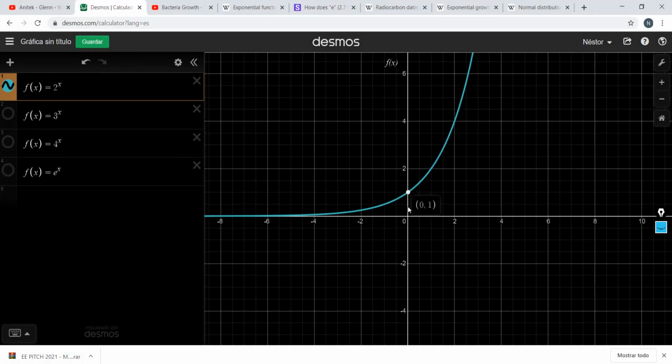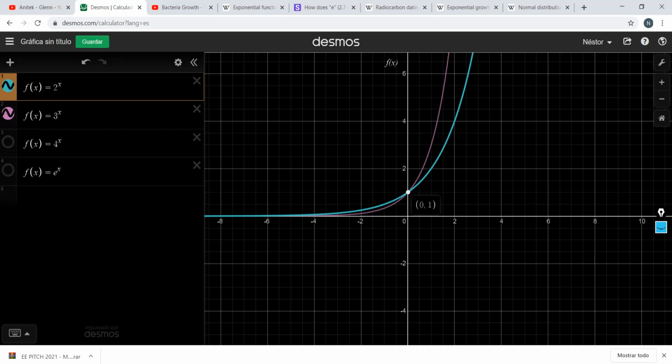It's (0, 1). So that's the y-intercept. And it's going to be the same independently of what base you use. Base 2, base 3, base 4, base e, base whatever. Look, I'm going to show this function.